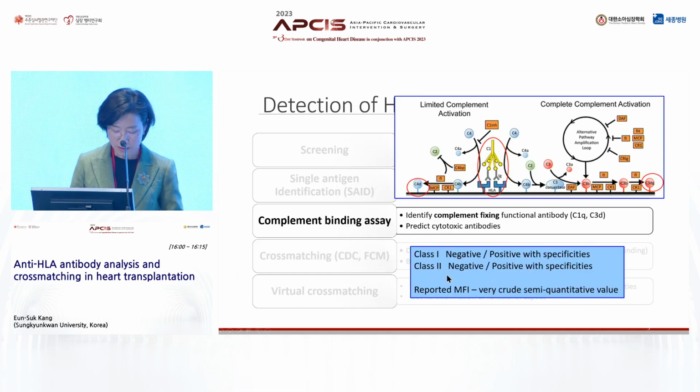So the complement binding assays such as C1Q or C3D assay measure the complement component bound to antigen and antibody complex, or derivatives from those complexes and complement interactions. These tests provide us the indirect information about the potential cytotoxic ability of detected antibodies, but without conducting actual CDC cross-match.